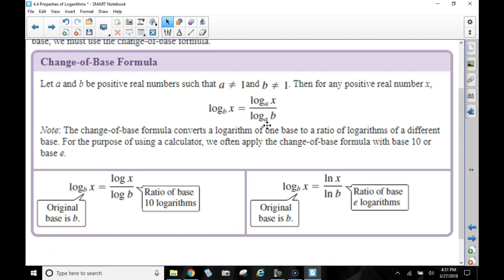Now, since we've got the log button and the natural log button on our calculator, we are either going to use the common log or the natural log. This would be the log of x with base 10. That would be the a, 10. This is log of b with base 10. Or the log of x with base e for natural log, and the log of b with base e, the natural log of b.